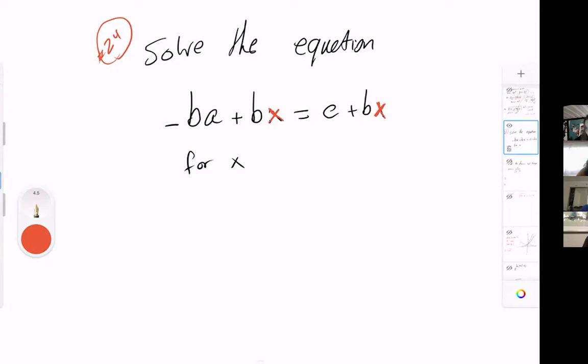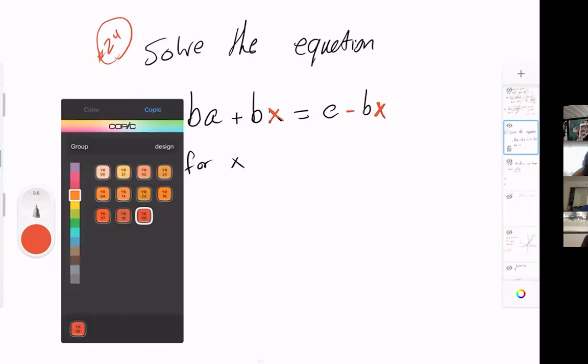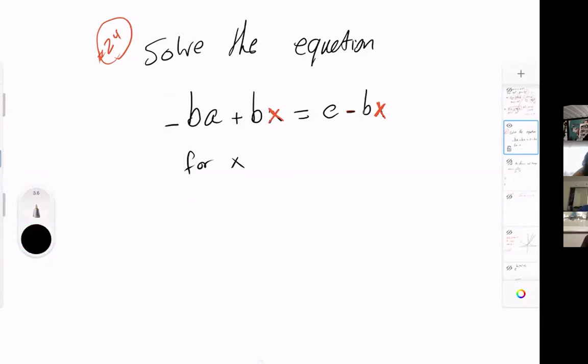So we have to collect x on one side. I'm going to change this one to minus. That's the question. So I'm going to collect x on one side. I'm going to add bx to both sides. Okay, I've got negative ba plus 2bx equal to c.